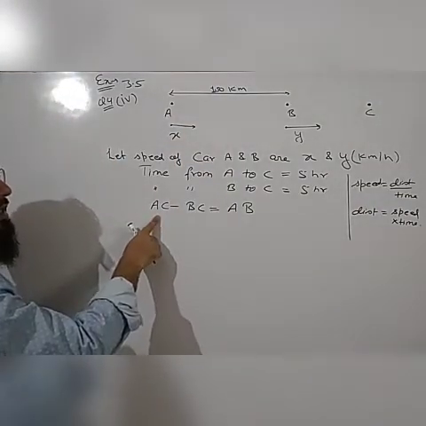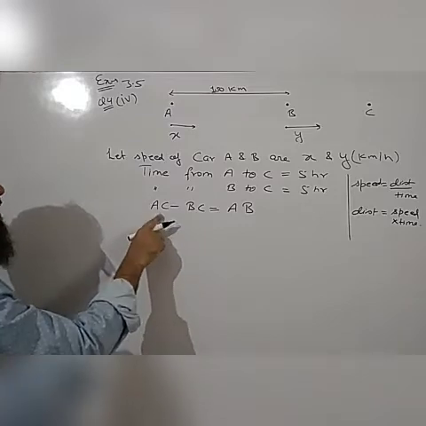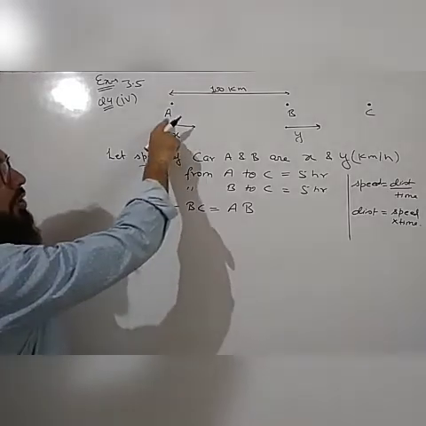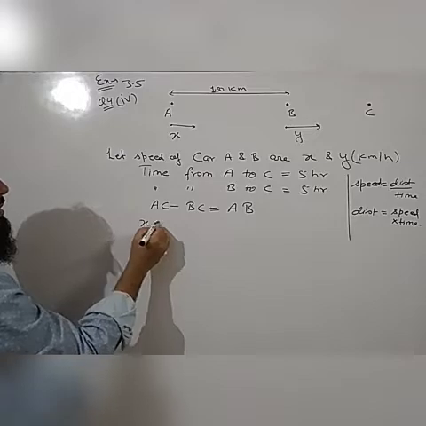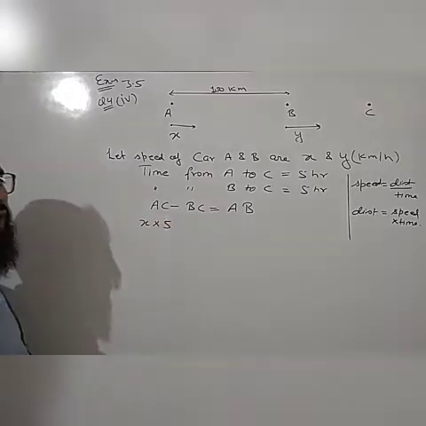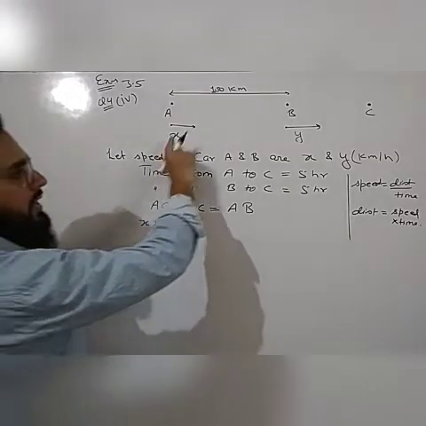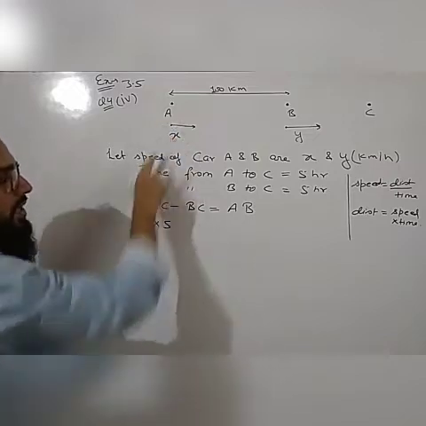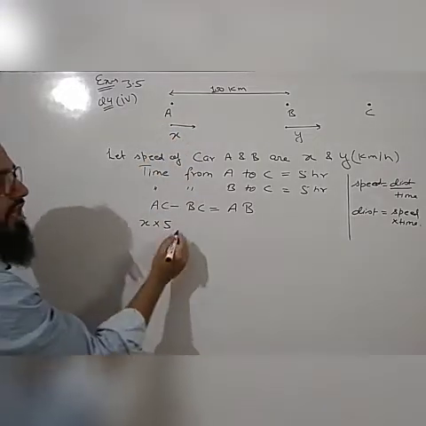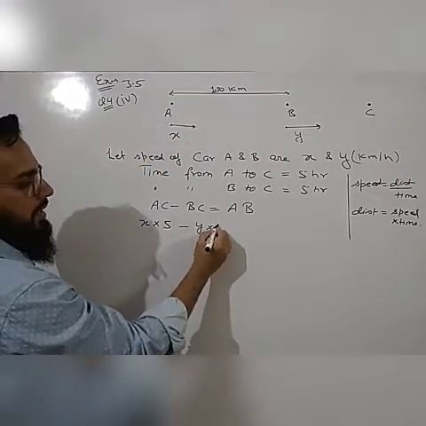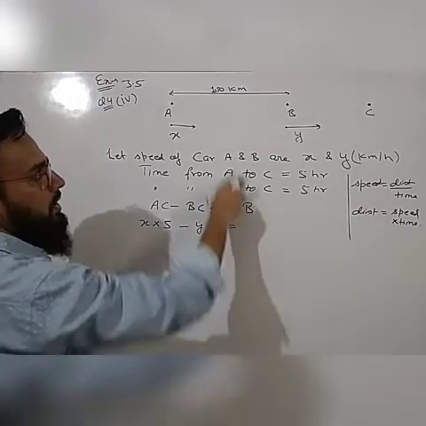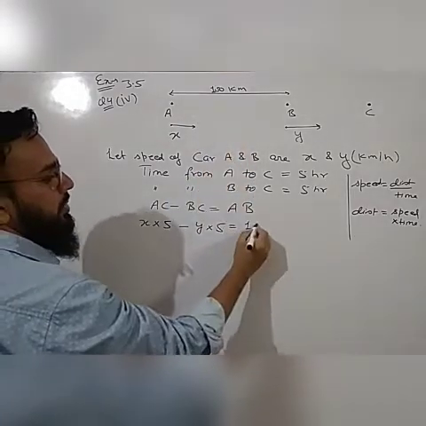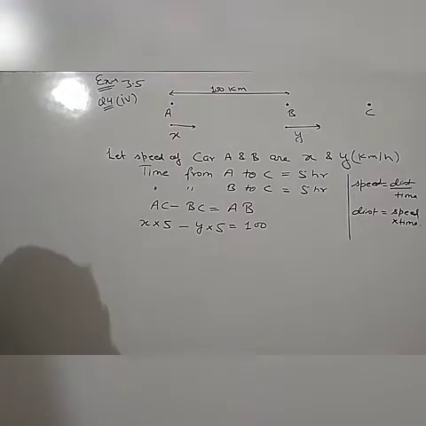AC is distance, and this distance is equal to speed into time. What is the speed of car A? It is X, and what is the time? It is 5. Time from A to C is 5, and speed of A is X, so it will be X into 5 minus Y into 5 is equal to total distance AB, 100 kilometer. It is equal to 100.